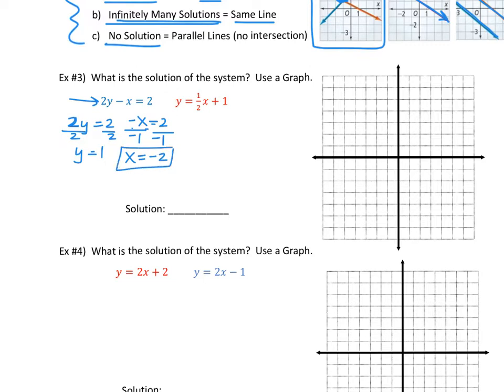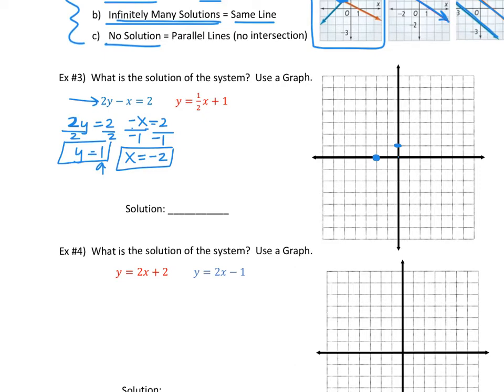So we're actually going to plot our intercepts. My x-intercept is -2, so I'm going to go 2 to the left and put that point there. And then my y-intercept is 1, so I'm going to go up 1 from (0, 0) and put it there. And then that's going to give me my graph. Now, if you notice, if I start at the left point and go to the right, I went up 1 over 2.